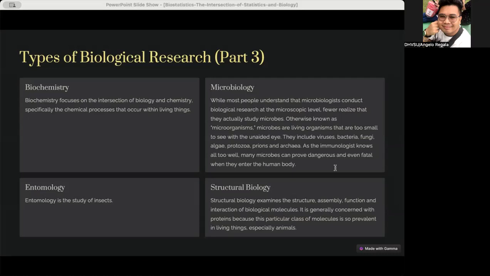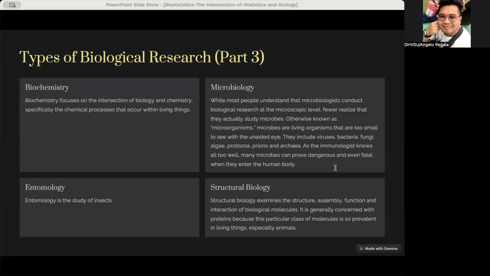These microorganisms are so small that even our naked eye won't be able to see them, so we use a microscope or other lenses to fully understand and see them. This includes viruses, bacteria, fungi, algae, protozoa, prions, and archaea.